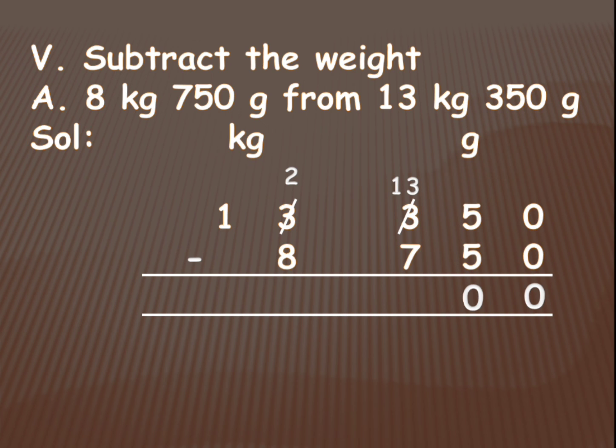So 13 minus 7 will give us 6. Now here you have 2 minus 8, isn't it? Which we can't do. So again you will borrow. 1 becomes 0 and 2 becomes 12. So 12 minus 8 becomes 4. That means 4 kgs 600 grams.